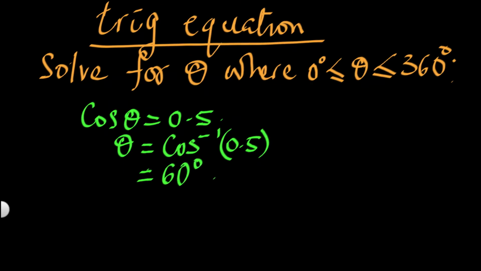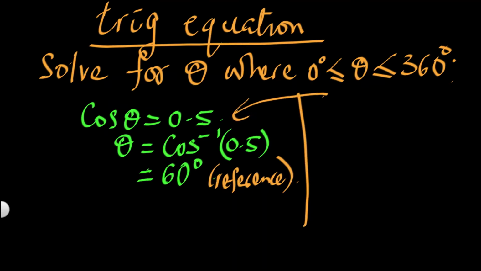What I got here is what we call a reference angle. We are going to use our reference to get more of these angles. The trick here is to know that this ratio here, cos theta, is 0.5 and it is positive.